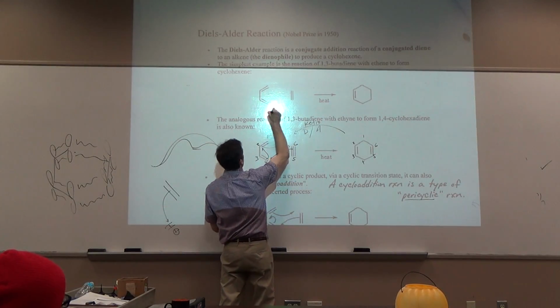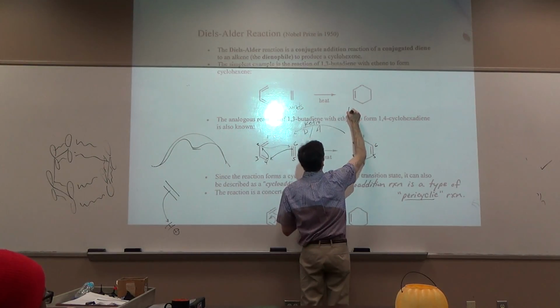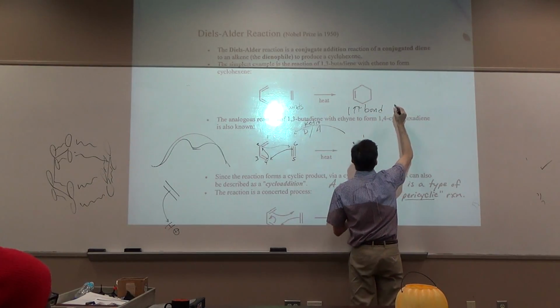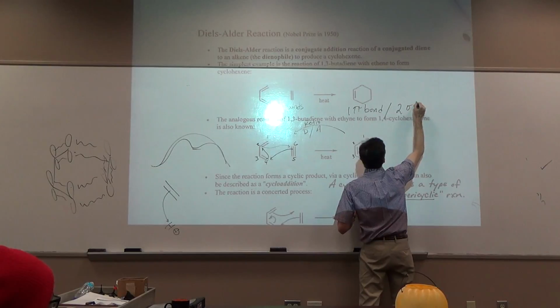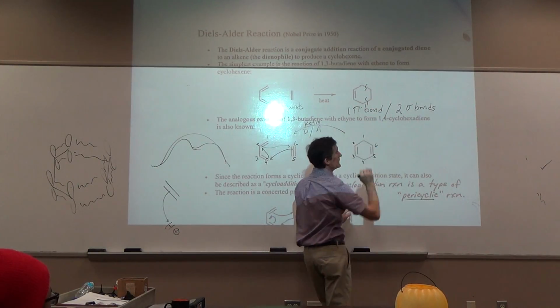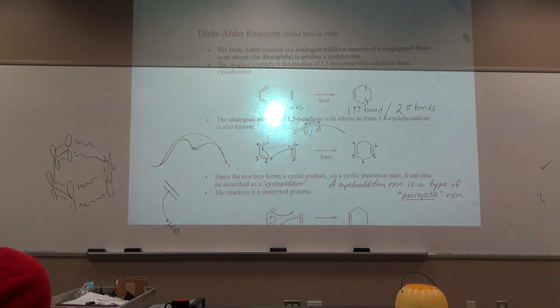What's being broken? 3 pi bonds. Now you got 1 pi bond. But what's new? We made 2 sigma bonds. We made that sigma bond and that sigma bond. So we went from 3 pi bonds to 1 pi and 2 sigma, which is more stable.